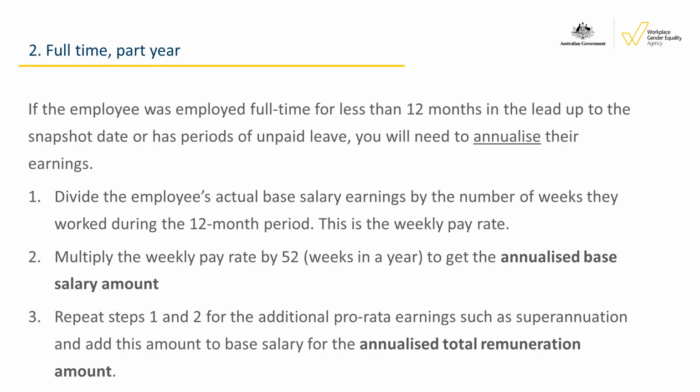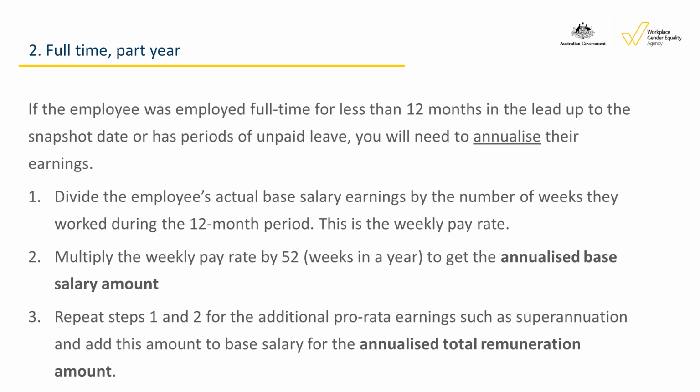If the employee worked full-time hours for less than 12 months in the lead up to the snapshot date, you will need to annualize their pro rata earnings as if they had worked for the full year. If any employee has periods of unpaid leave, you should also treat this as a part-year employee. To calculate their annualized earnings, you should divide what they were actually paid by the number of weeks they worked.